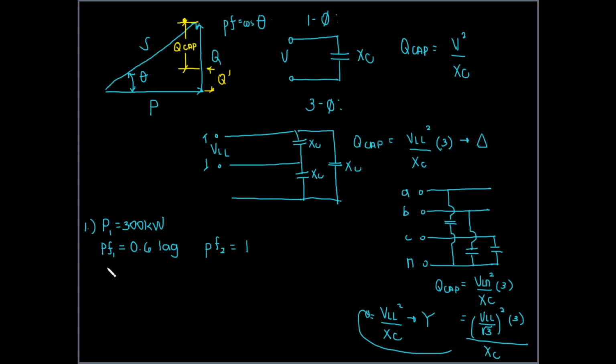Let's just solve for the original angle of the 0.6 power factor. So just take the inverse cosine of 0.6. Hope you still can recall these things.